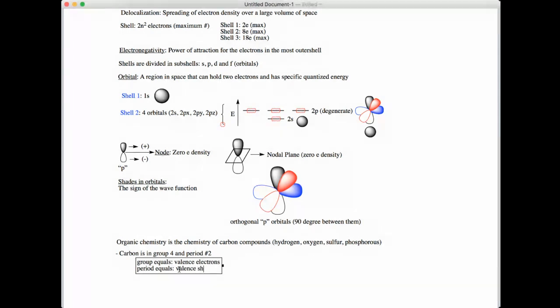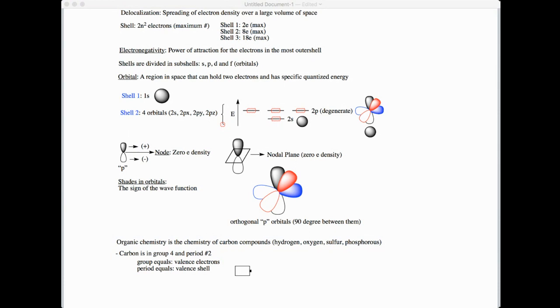This is very important, guys. When you're talking about carbon being in group 4, shell number 2, we know that carbon has 4 valence electrons, and the valence electrons are located in shell number 2. Correct? Everybody agrees on that?